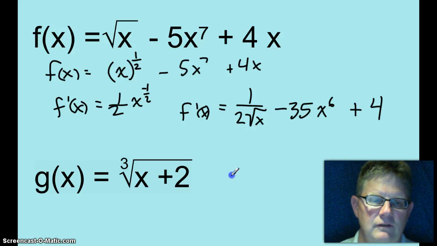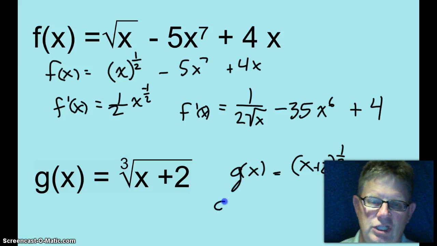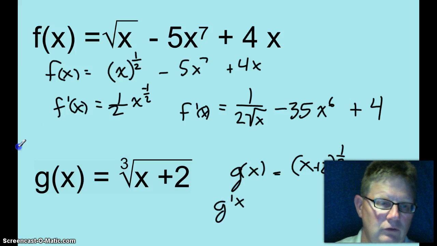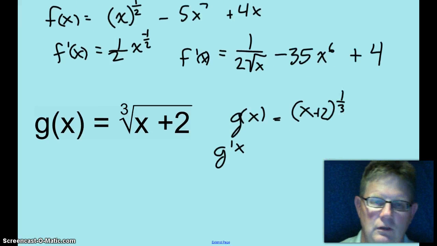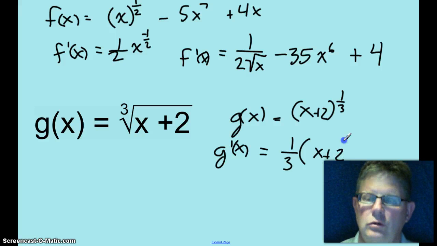Alright, g of x equals the cube root of x plus 2. So we're going to rewrite that as an exponent. G of x equals x plus 2 to the 1/3. So g prime of x, here let's give us just a little bit more room so we can work on this. G prime of x is going to equal 1/3 times the expression x plus 2, subtract 1 from 1/3, and that would be negative 2/3.